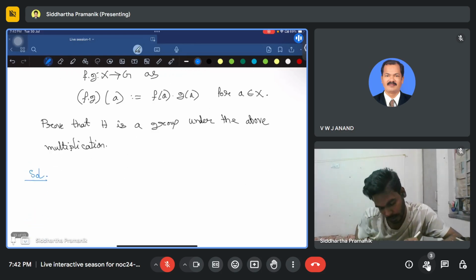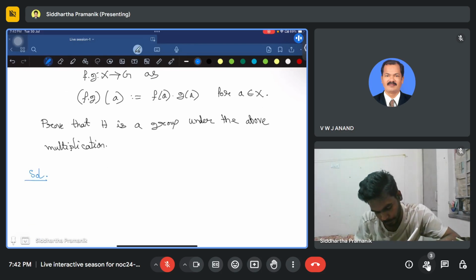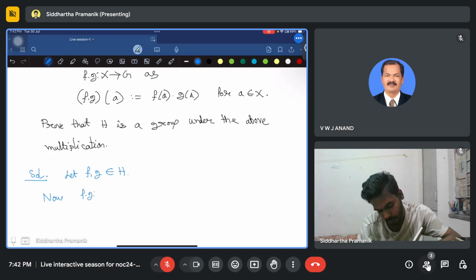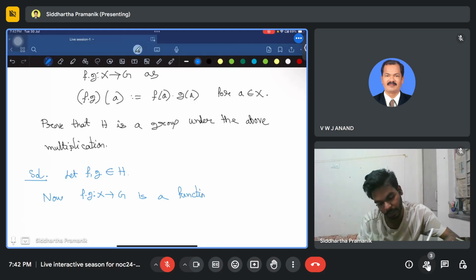So the first one is as usual the closure property. So let f and g be in H. Okay, so we need to prove the product f times g is also a function, a well-defined function by definition.